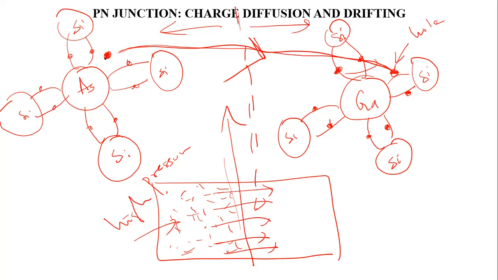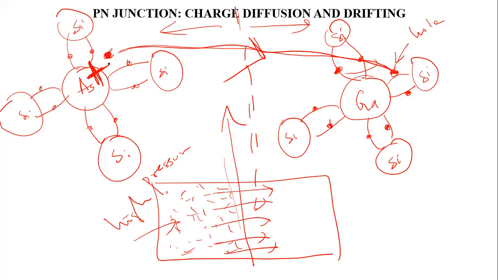When this pentavalent atom transfers its electron, it loses one free electron. This atom, which was neutral, becomes a positive ion. If a neutral atom loses one of the electrons in the outermost orbit, it becomes a positive ion.